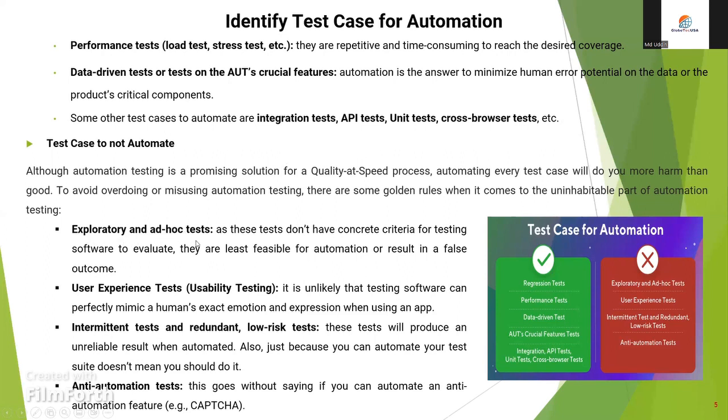Exploratory and ad hoc tests. When there are exploratory and ad hoc test cases, you don't automate them because they don't have concrete criteria for software evaluation, since they don't go through the SDLC life cycle for formal testing. So they are least feasible for automation and result in false outcomes.